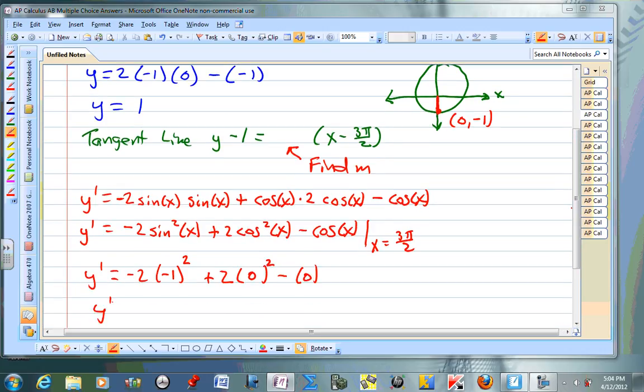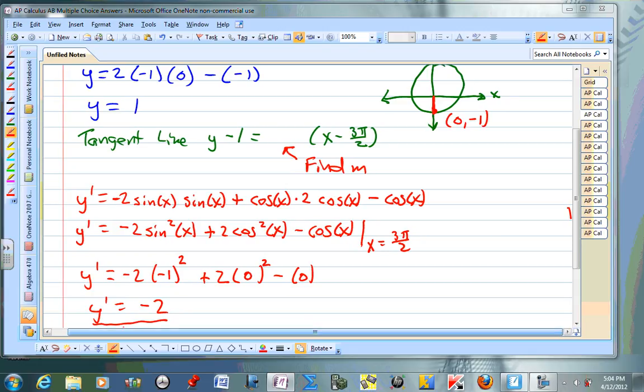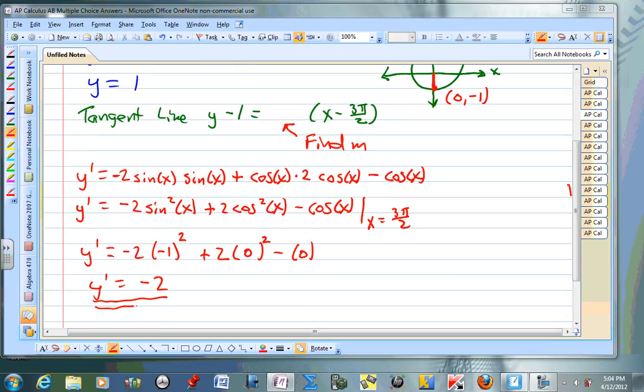So, cleaning this up, -1 squared is 1, 1 times -2 is -2, plus 2 times 0 minus 0. So our derivative is -2 at x equals 3 pi over 2. We just found the value of our slope. Now we can complete our tangent line equation. Y minus 1 equals -2 times the quantity x minus 3 pi over 2.